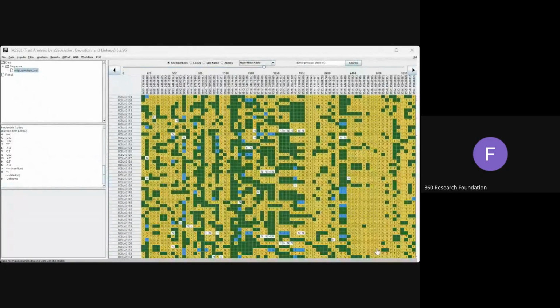Okay, population structure, yes, it will assign the kinship values. So after assigning values, what will happen?